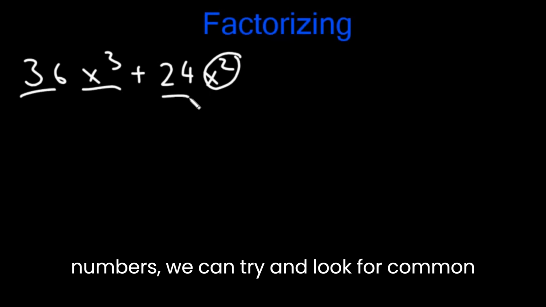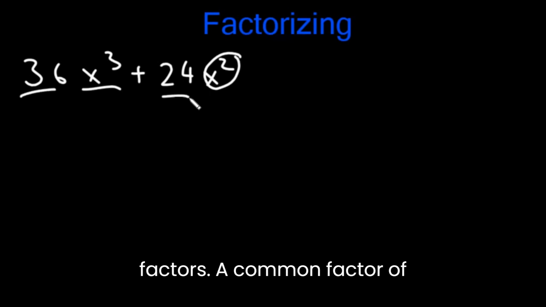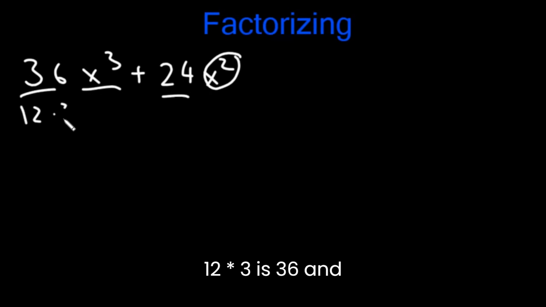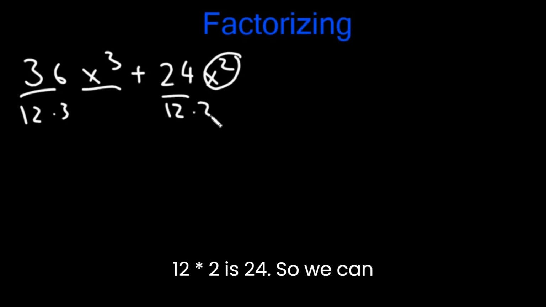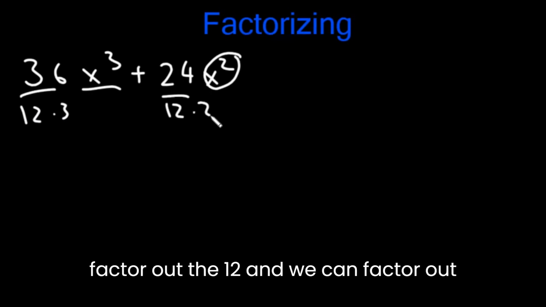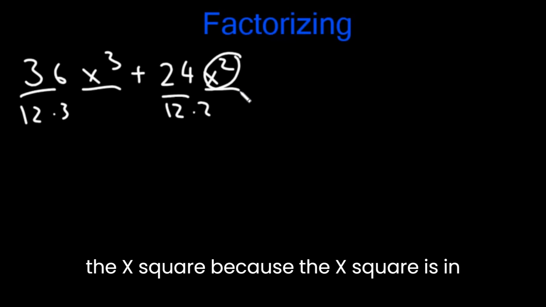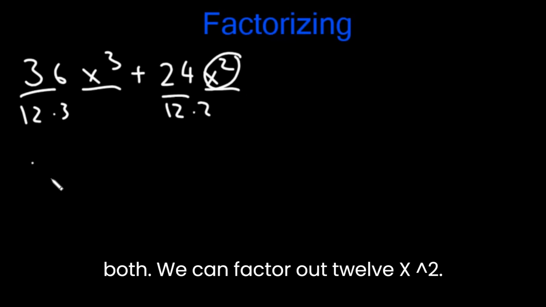For the numbers, we can try and look for common factors. A common factor to both 36 and 24 is 12. 12 times 3 is 36, and 12 times 2 is 24. So we can factor out the 12, and we can factor out the x squared, since the x squared is in both. So we can factor out 12x squared.